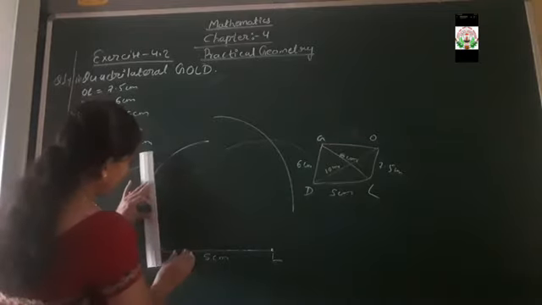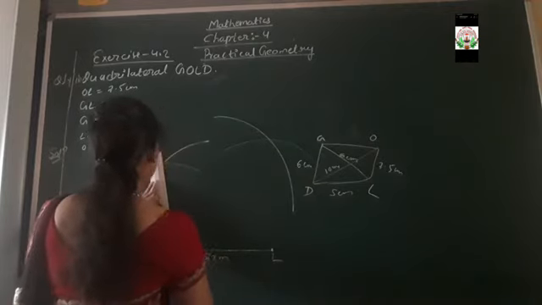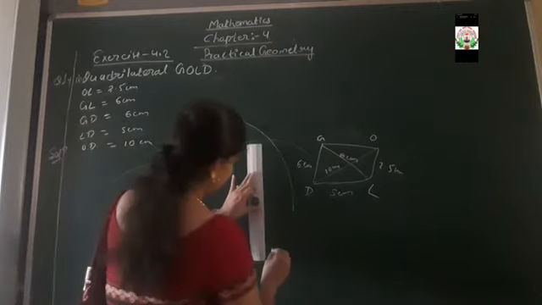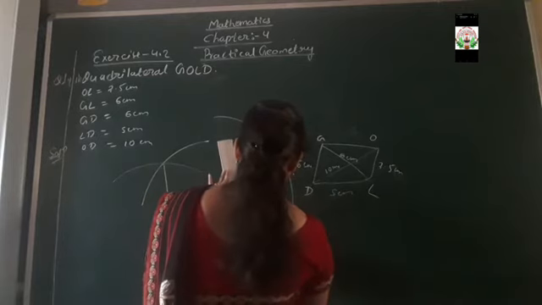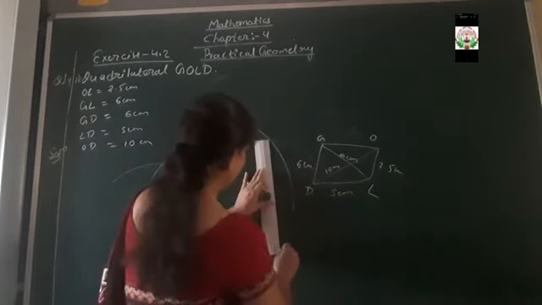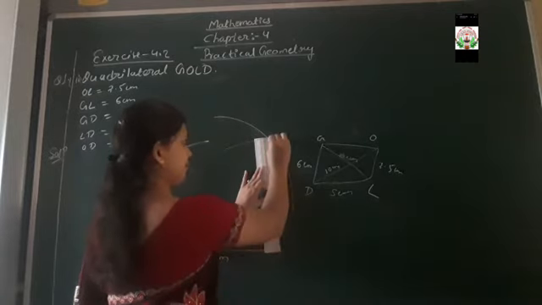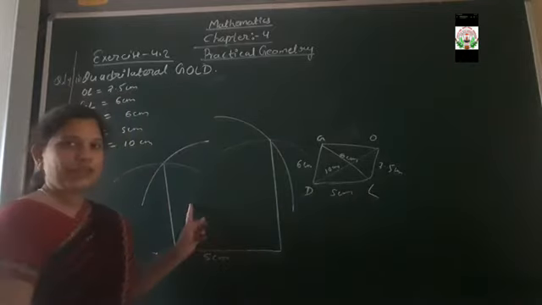Now draw a line which is passing through the intersection point. Clear? Like this you have to draw the line. Now, after drawing these two lines, what you have to do?